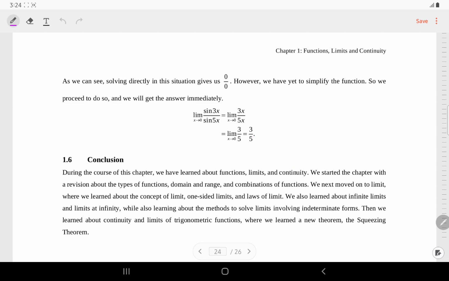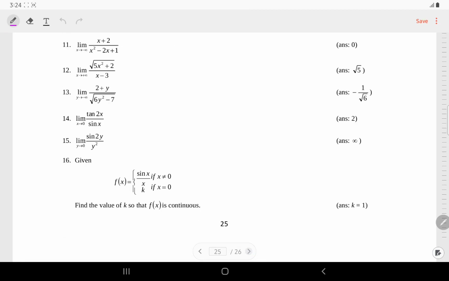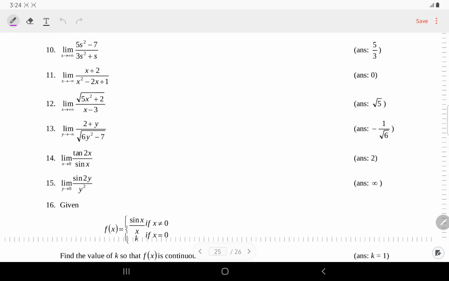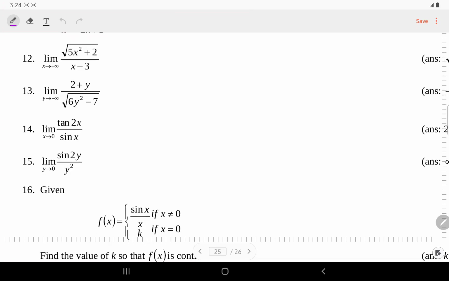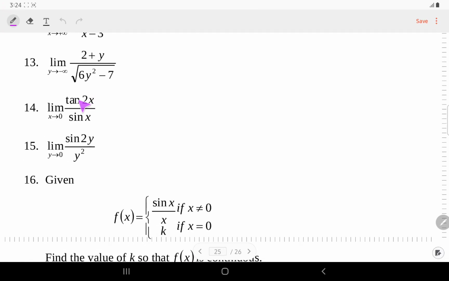Okay, let's take a look at another example involving the limit of a trigonometric function. This one, question number 14: tangent 2x divided by sin x.